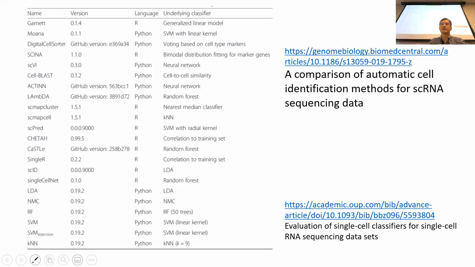Very naive methods, not for single cell per se, but you can give it a try, as long as you have the labeled data and train your LDA. You have to rotate your data points using the training data first. Then you have new data points, new cells coming in for prediction.